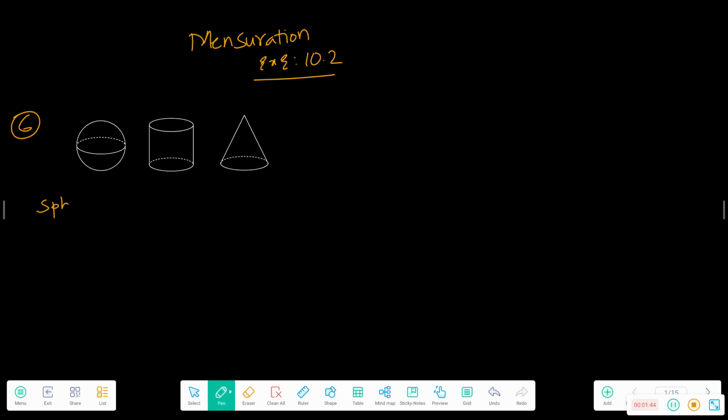So the sphere, cylinder and cone have the same radius and the same height.